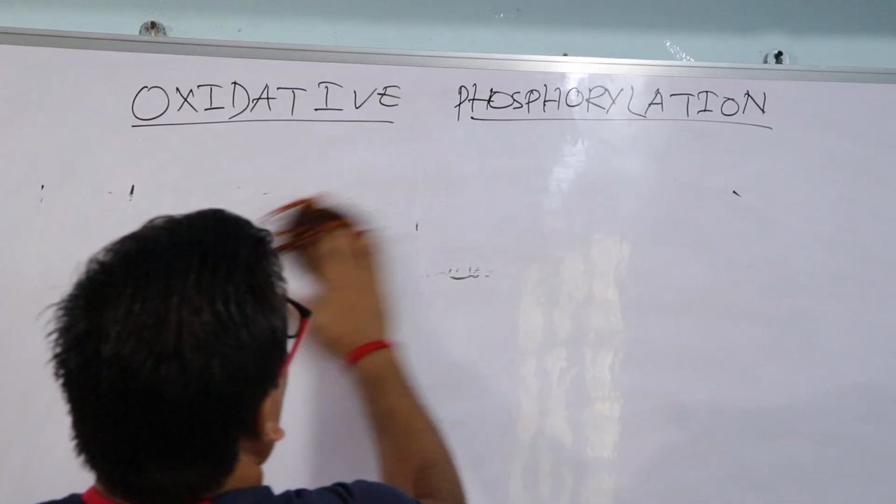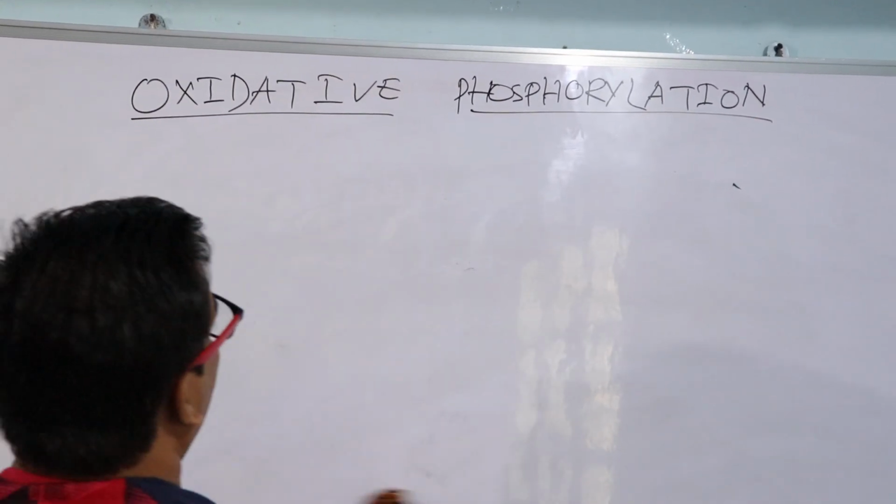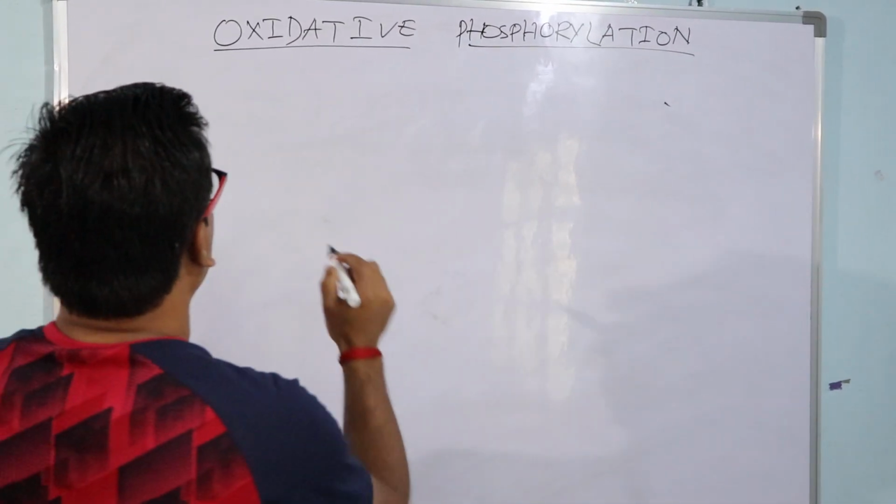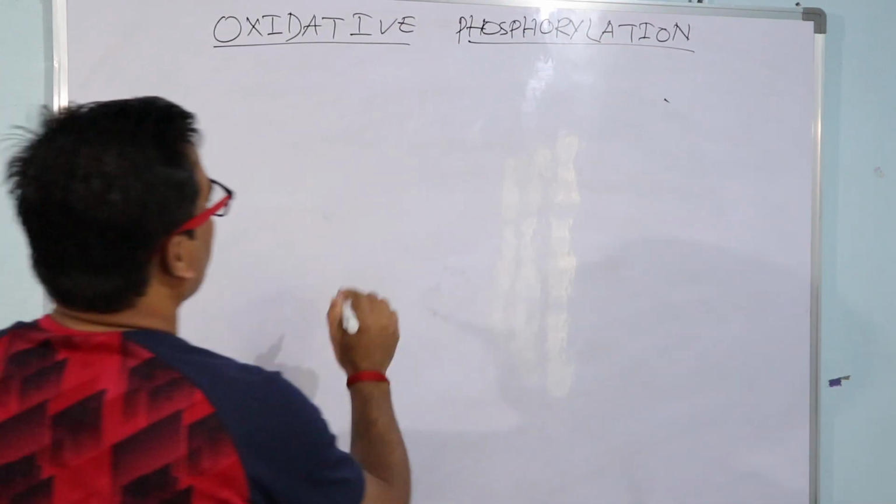First we draw the mechanism, how it is explained. Everybody knows the mitochondria have an inner membrane, outer membrane and intermembrane space. So now we are drawing here.